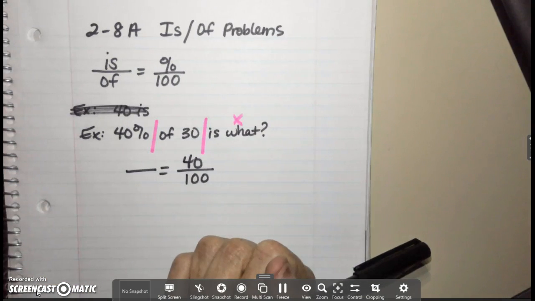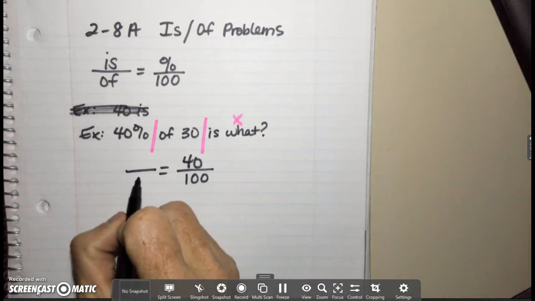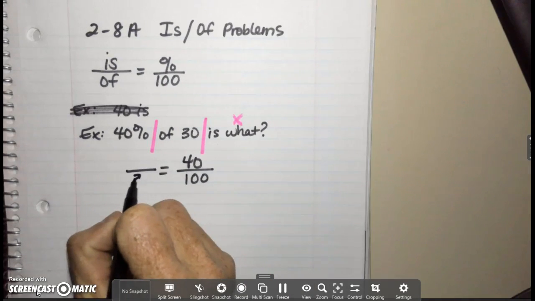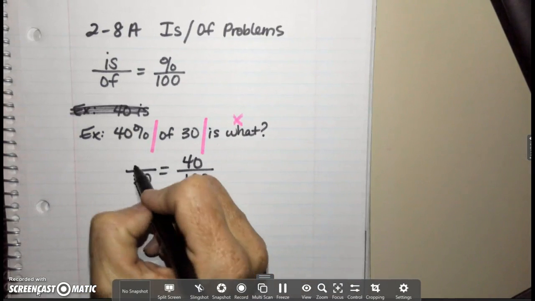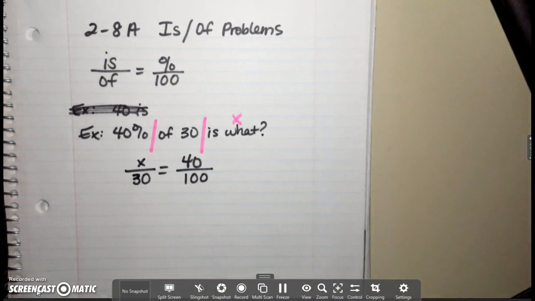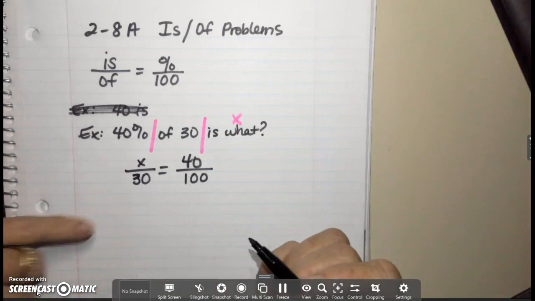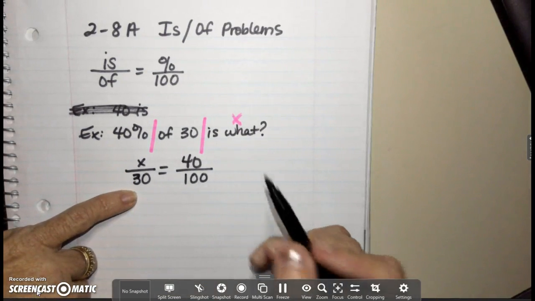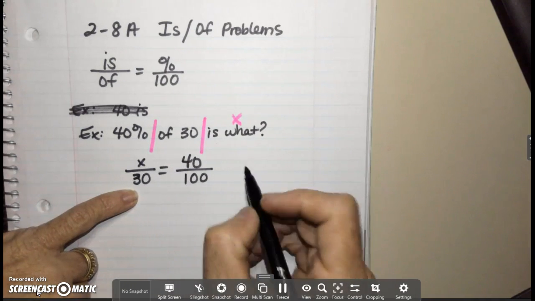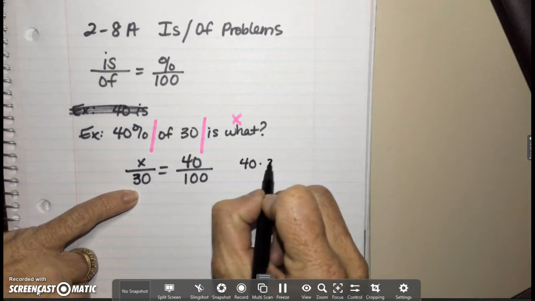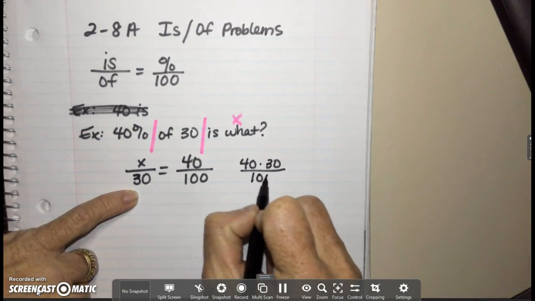Bottom left, because it's the whole part. Right? And then X goes up here. Okay? So you're always multiplying on the diagonal and dividing by the third one. Remember this from doing proportions, right? We've done this before. Okay, so you're going to do 40 times 30 divided by 100.